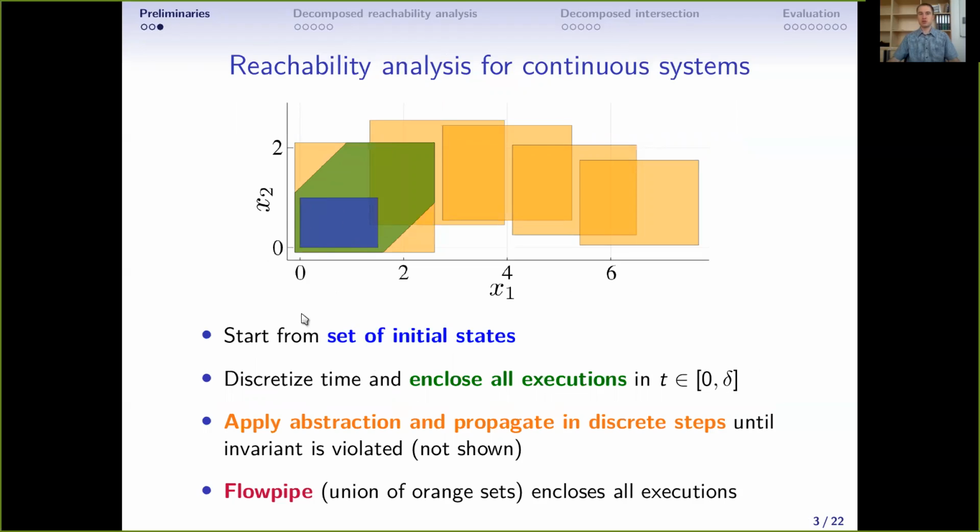And then you have a discrete system, and you can do some standard abstract interpretation to compute this sequence of, in this case, orange sets. And we call the union of these orange sets a flow pipe. And the idea is that this flow pipe covers all possible executions of the system.